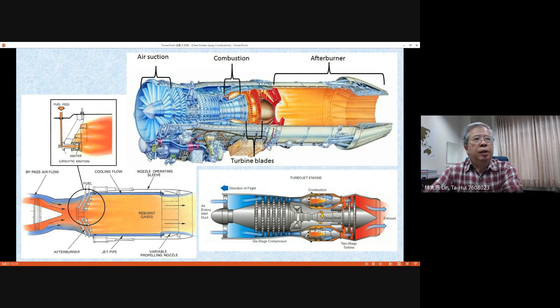After burning, the hot products move downstream to make the turbine work.